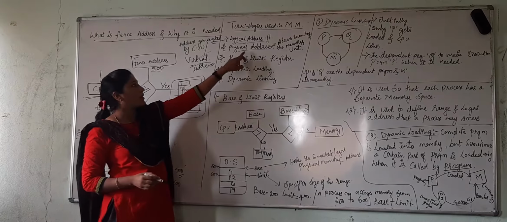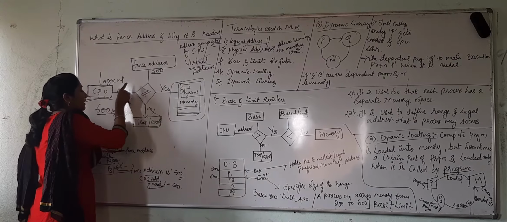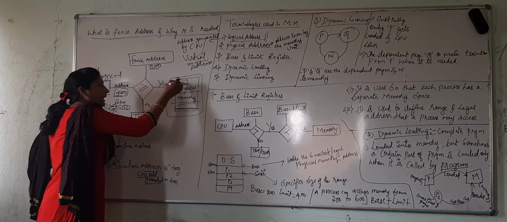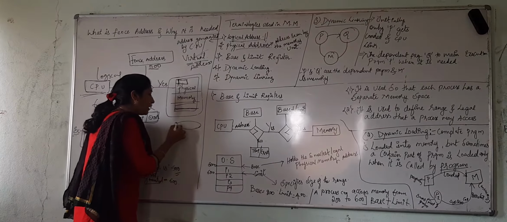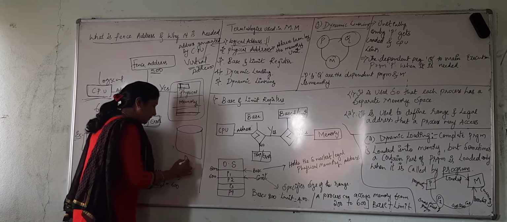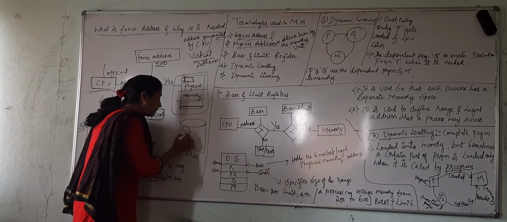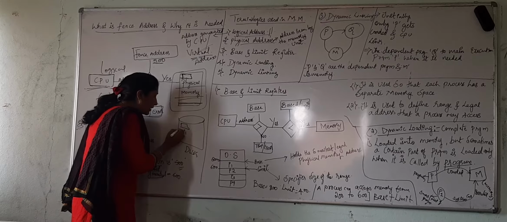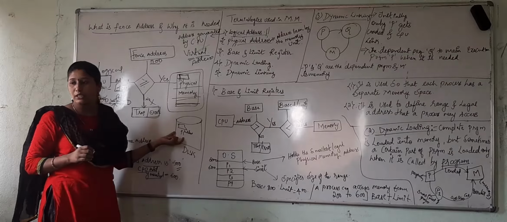That is called a physical address. The address generated by the CPU is a virtual address which cannot be seen; this is logical. The address generated by the memory unit, which can be seen, is called the physical address. Now which particular process has been allocated, what the process is, and what the index or address of that process is, where it is stored, everything is checked.